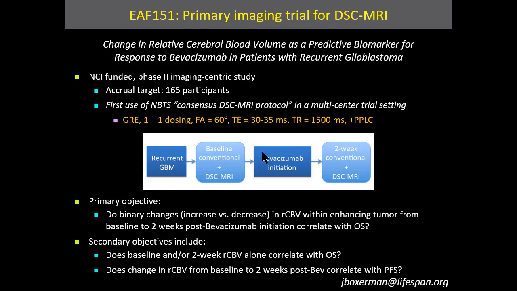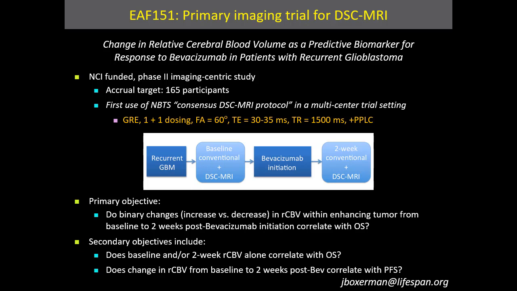I also want to mention an ECOG-ACRIN trial that is ongoing. This is EAF151, a primary imaging trial for DSC entitled Change in Relative Cerebral Blood Volume as a Predictive Biomarker for Response to Bevacizumab in Patients with Recurrent Glioblastoma. This is also NCI funded, and it's really the first use of an NBTS consensus DSC protocol in a multi-center trial setting.